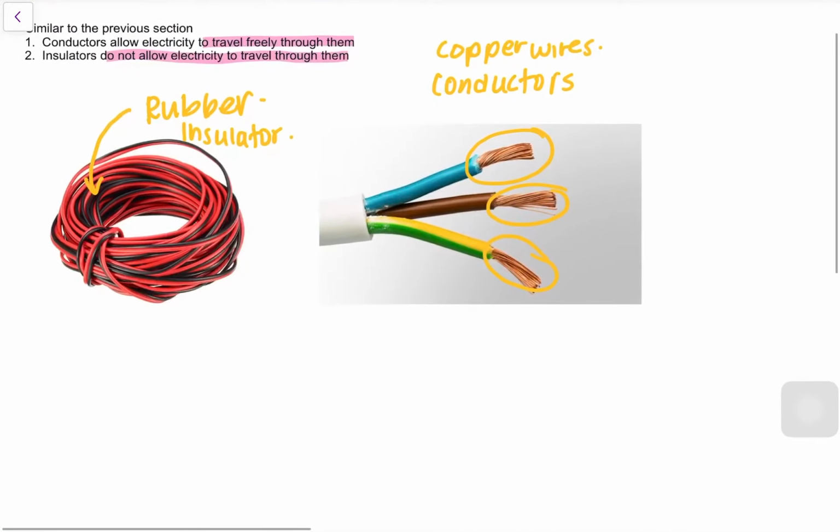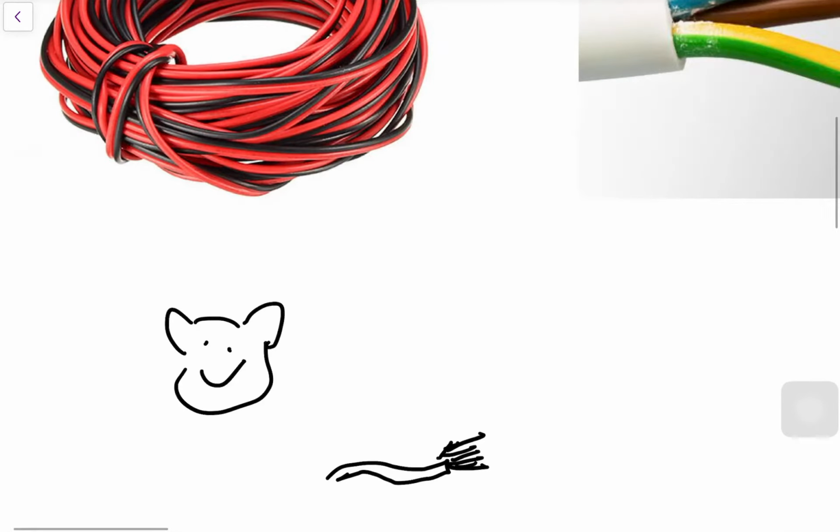The reason why we coat these copper wires with this rubber is so that, for example, if we have a cat and your cat accidentally steps on wires that are exposed or frayed, the electricity will flow through the cat's body and your cat will actually die from electrocution.